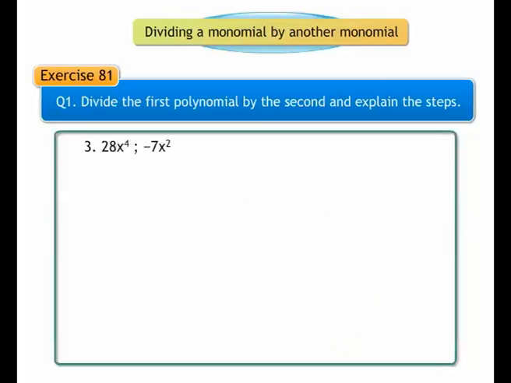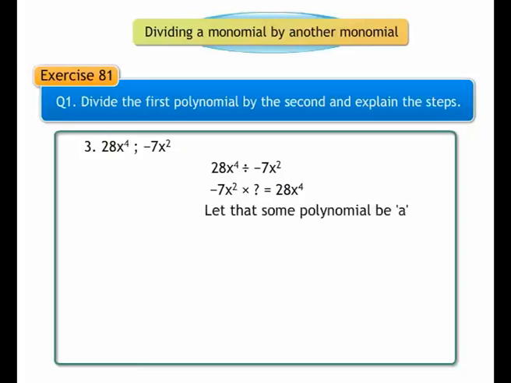3. 28x raised to 4 divided by minus 7x square. This means to divide 28x raised to 4 by minus 7x square, which is minus 7x square multiplied by some polynomial will give you 28x raised to 4.